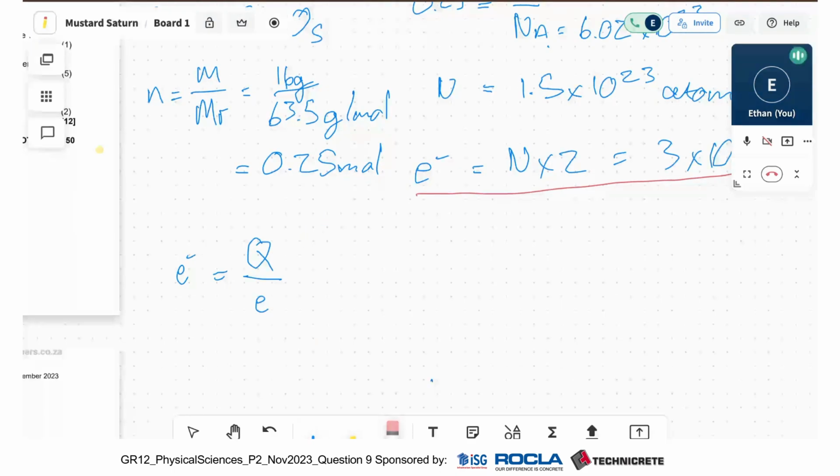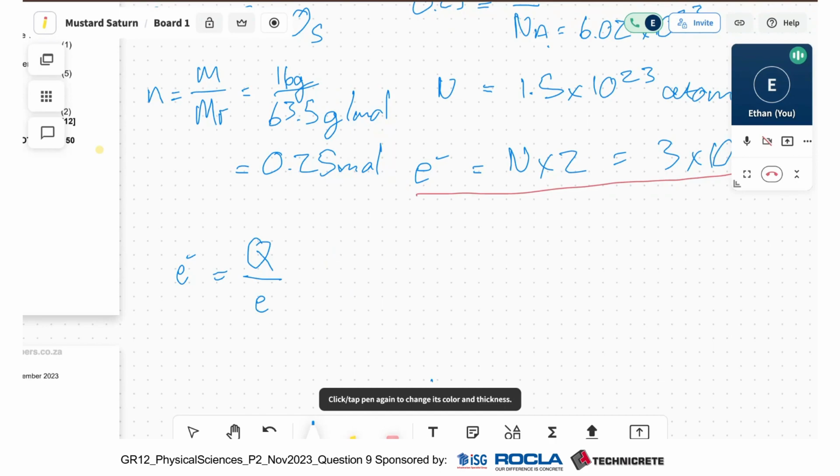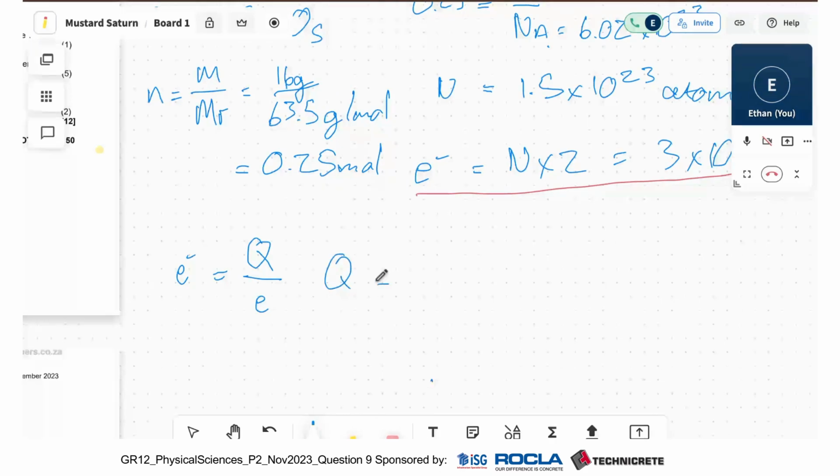So thus rearranging for Q, if I can write neatly, rearranging for Q, we have our number of electrons times the charge, which here is 3 times 10 to the 23, and our charge is 1.6 times 10 to the negative 19 coulombs.